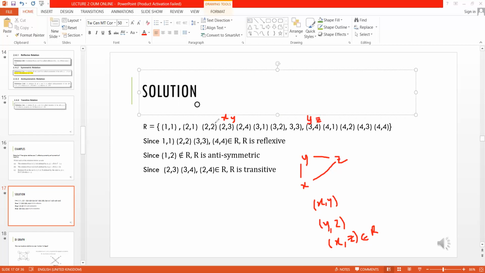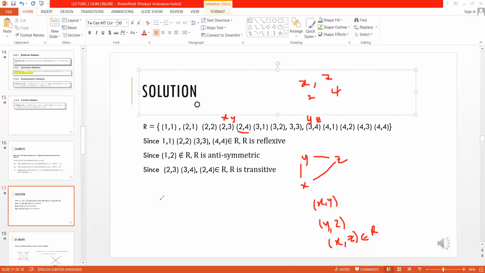So X is 2, Y is 3, and Z is 4, right? So we have XY here. We have YZ. Do we also have XZ? XZ should be 2, 4, because Z is 4 and X is 2. So do we have 2, 4? Let's check. Yes, we have 2, 4 here.